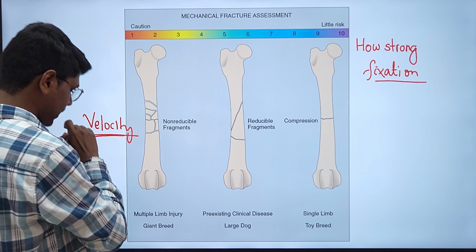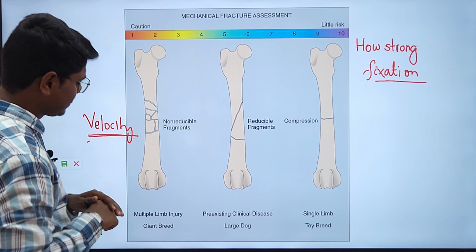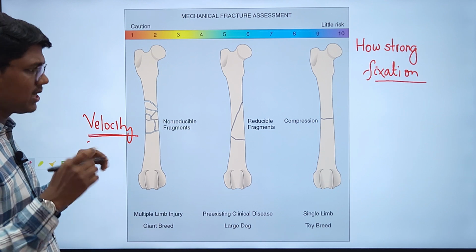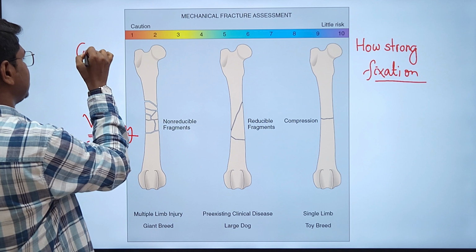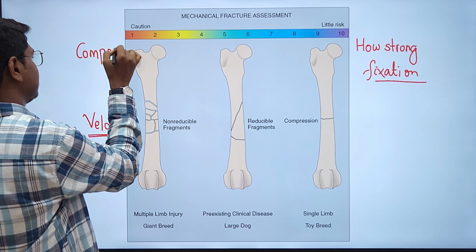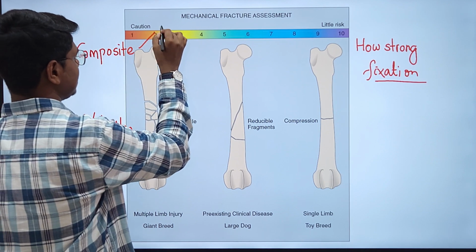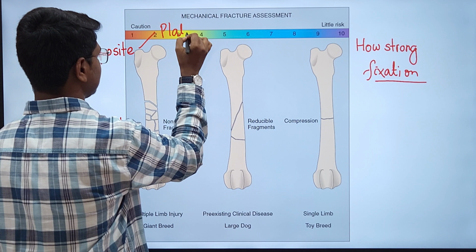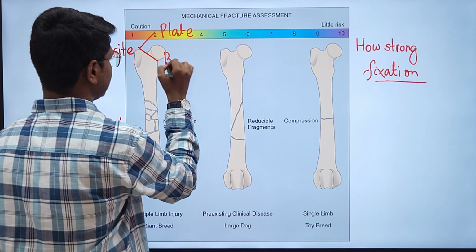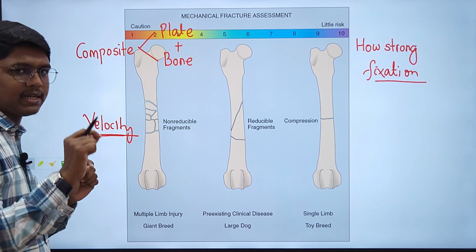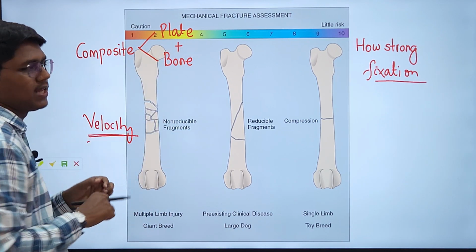Why is this important? What happens when there is a high level injury? There is a term known as composite, which simply means the association of plate as well as bone. Plate plus bone: you are using a plate, any internal implant, as well as bone.